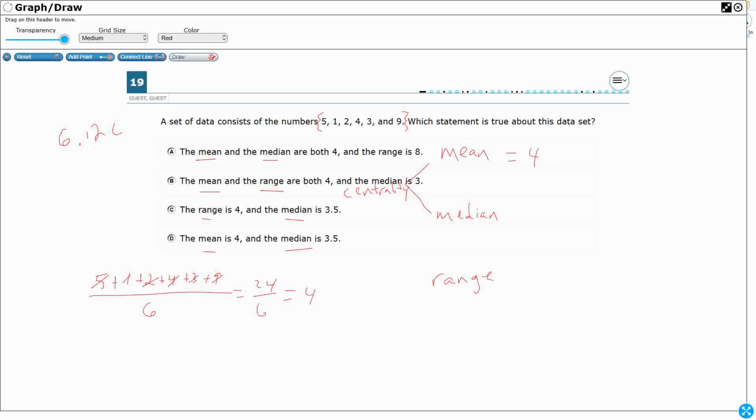Now, my median is the middle number. Okay, so I'm going to put them in order: 1, 2, 3, 4, 5, and then look at this 9. This 9 is really kind of skewing the data set because I put it out there as an outlier.